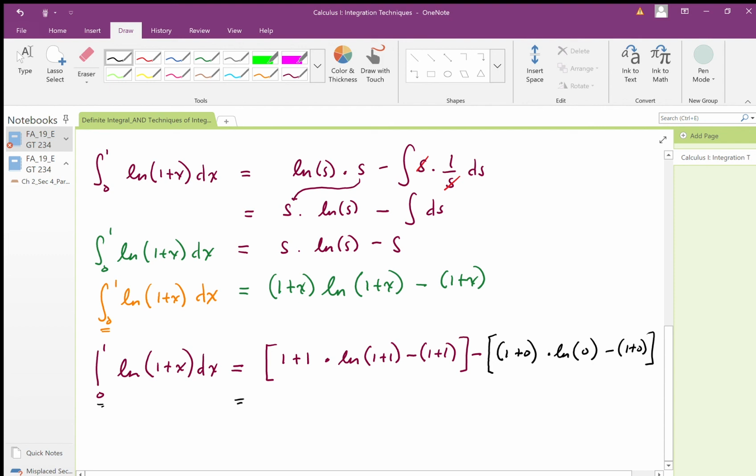So this gives us 2 times the natural log of 2 minus 2, minus the natural log of 0 minus 1.